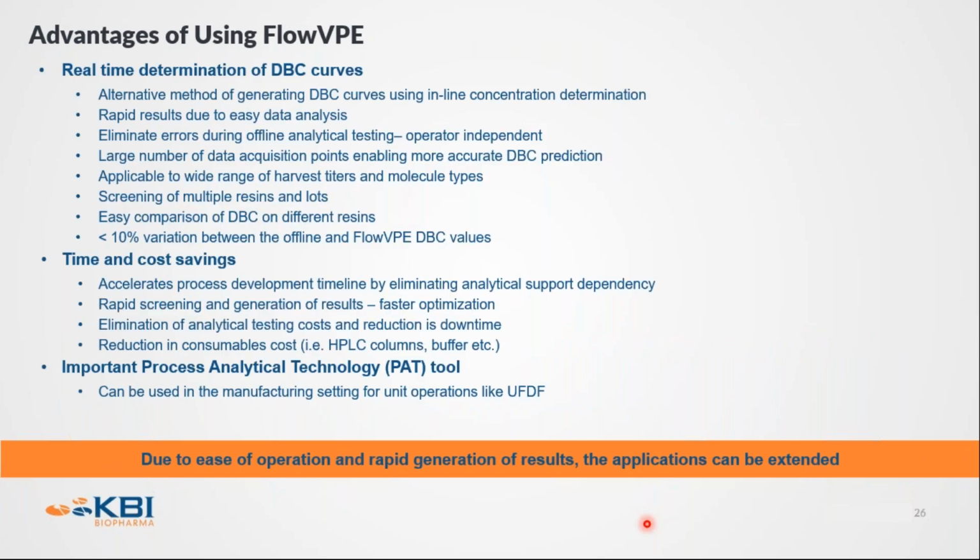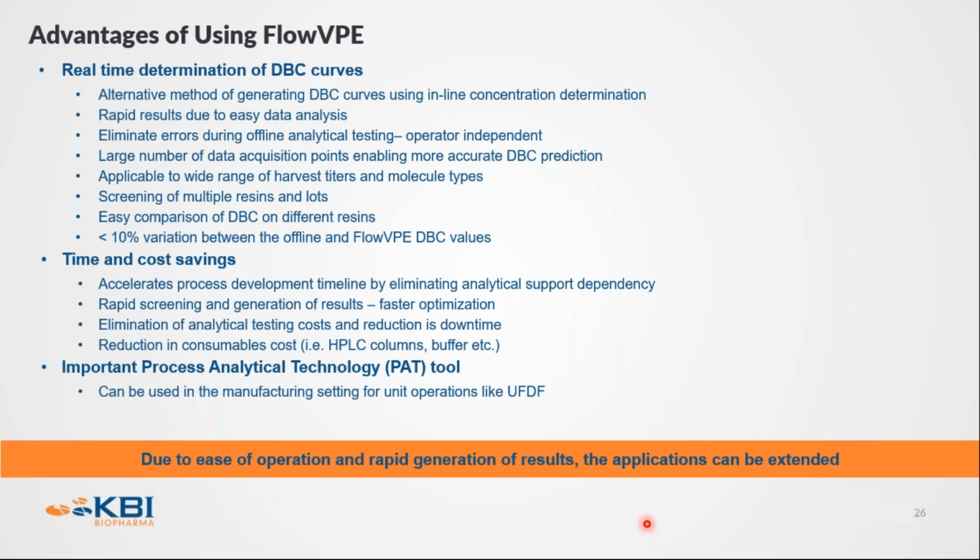So, summarizing the advantages we get from using the technology: we have found an alternative for DBC determination which is very, very rapid, and it has completely eliminated the dependency on offline methods.